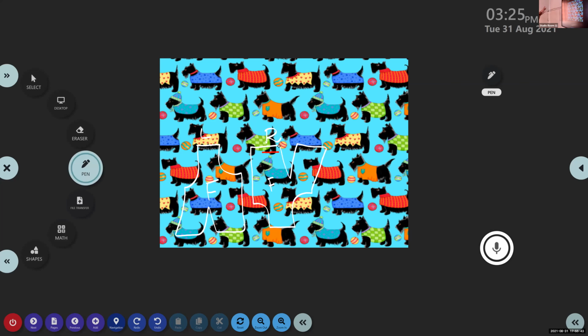Just analyze the dog pattern that is there on the swatch. Analyze the way we place the pattern, the left and right, and tell me what will happen if we join left side pattern with right side pattern.